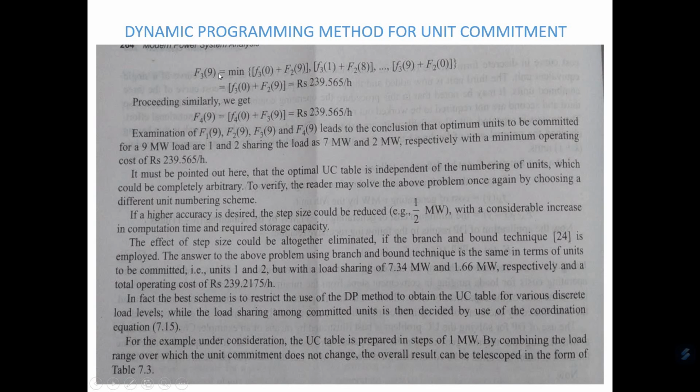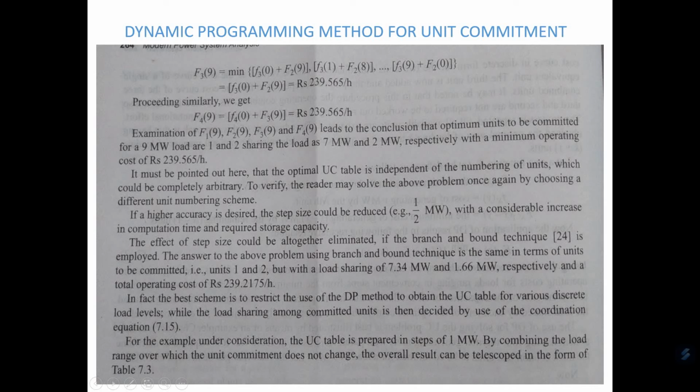If the 9 megawatt we need to share among the three generators, f3 of 9, if the third generator we have to use, then the cost is this. If we have to use the fourth generator, then the cost is this. Okay, so examination of f1 of 9, f2 of 9, f3 of 9 and f4 of 9 leads to the conclusion that the optimum units to be committed for 9 megawatt are units 1 and 2 sharing 7 megawatt and 2 megawatt.